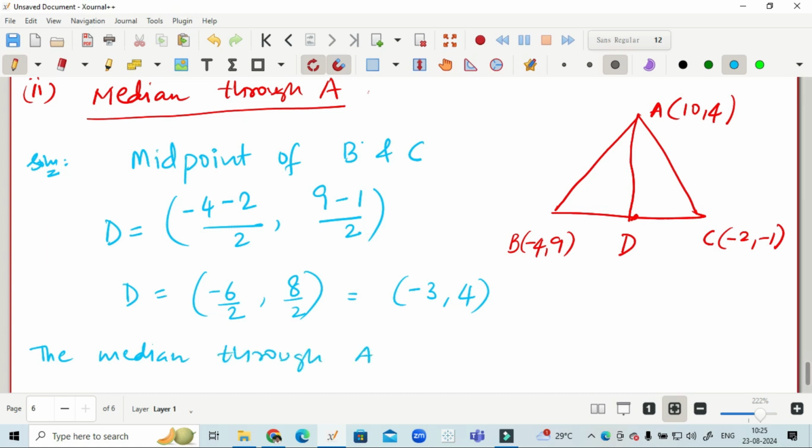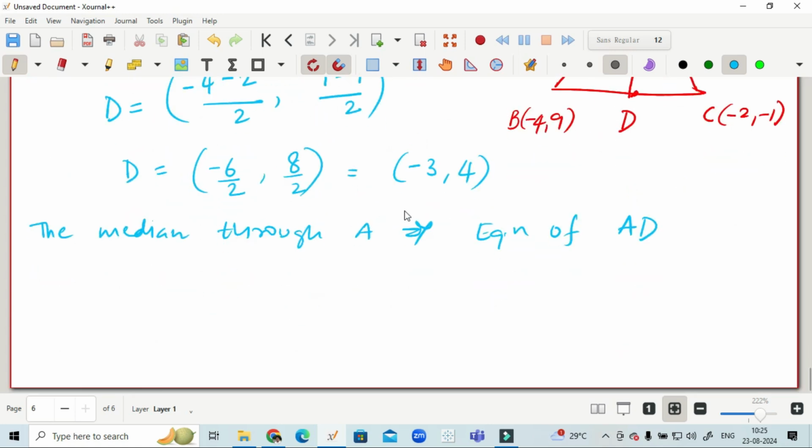Median through A implies the equation of AD. A is (10, 4) and D is (-3, 4).